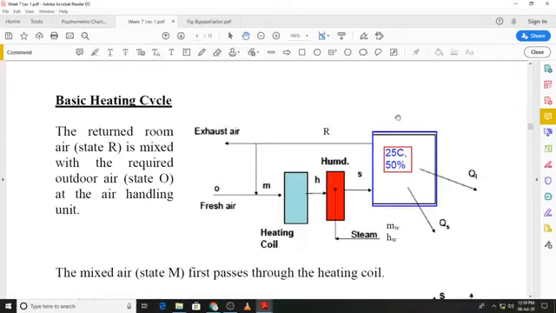That is state R. That means we will have to supply air at a higher temperature and a higher humidity ratio, so that even after we have latent and sensible loss, we are able to keep the temperature at 25 degrees C and 50% relative humidity.